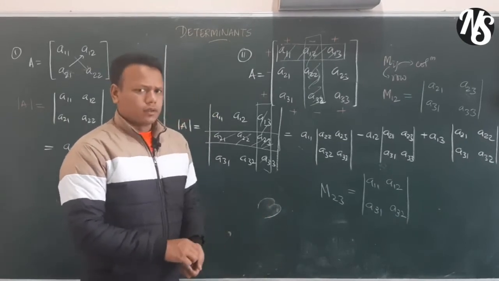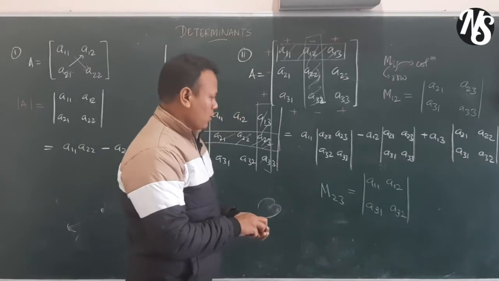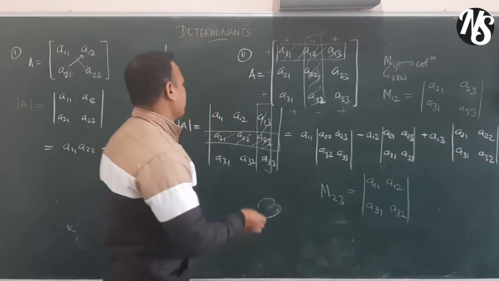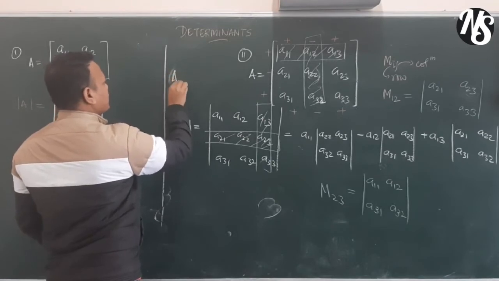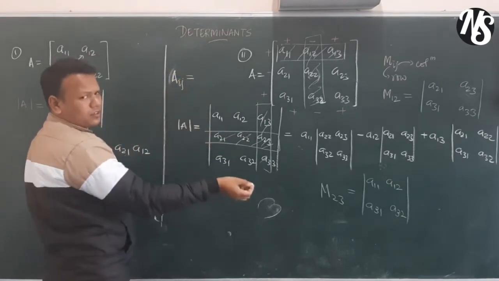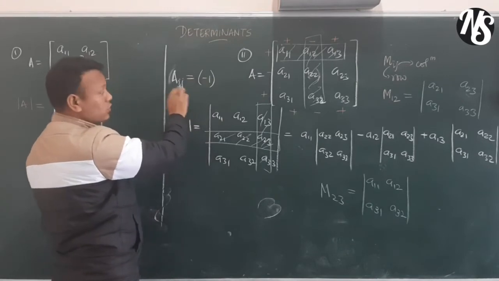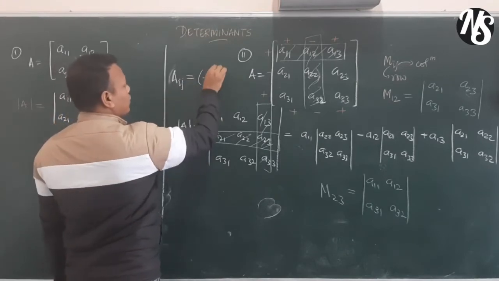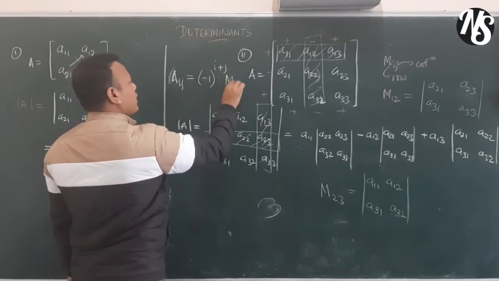Now what is cofactor? Having understood the minor, cofactor is easy. Cofactor is written as Aij. The formula is very simple. Aij is equal to minus 1 to the power i plus j, times Mij.